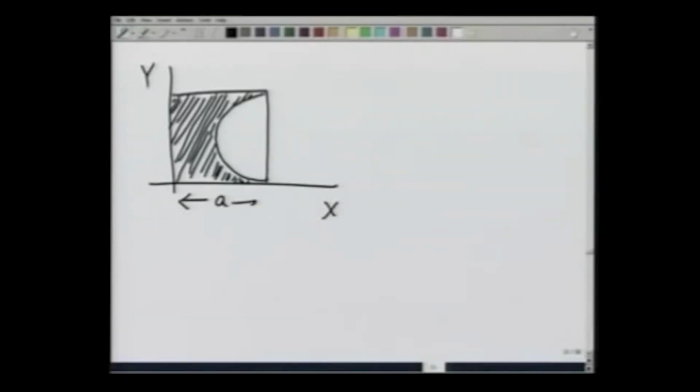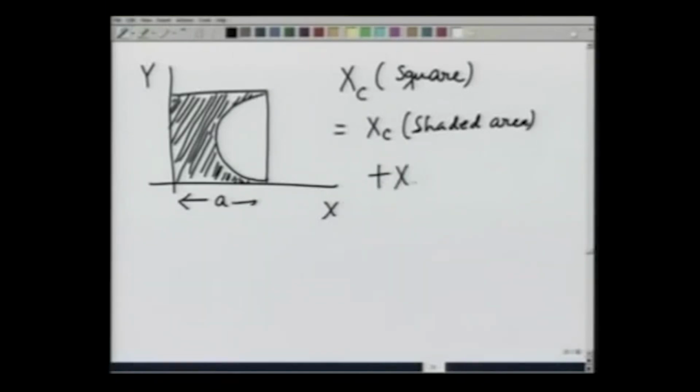Again, I can use the same theorem, but in a different way, because now what I am going to say is that XC of the square, which I already know is going to be right in the middle, is going to be equal to X centroid of the shaded area plus X centroid of the semicircle.